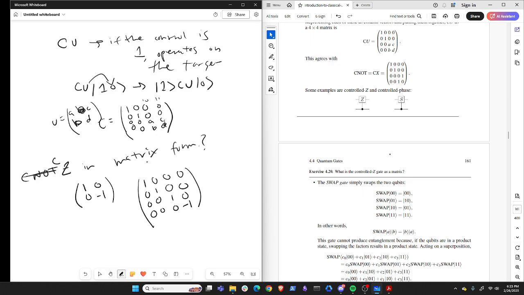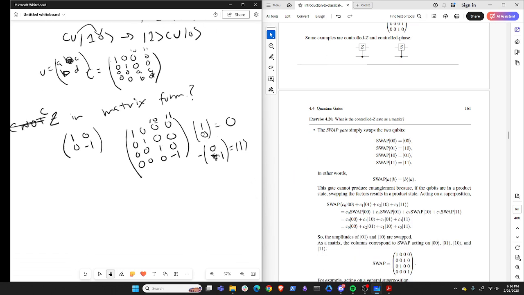So once we get to 1, 0 and 1, 1, that's when things get a little funky. So it will apply a Z gate onto the second qubit. So the second qubit is 0 here. It'll leave the amplitude as it is with this 1, 0, right? And then here it'll negate the amplitude of state 1 into a negative.